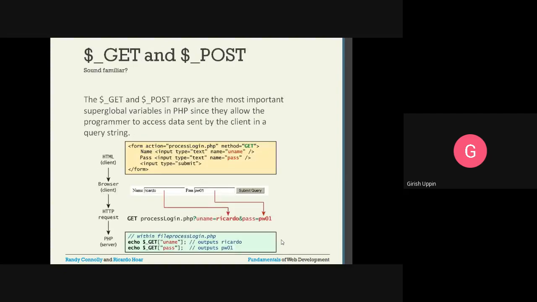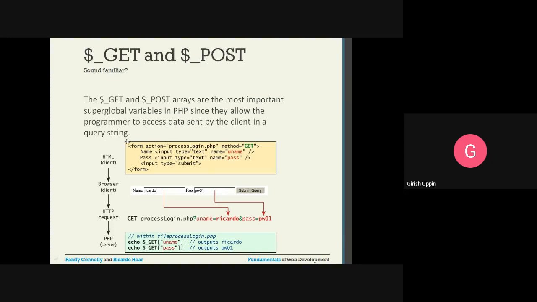They are called super global because they are always in scope and always defined. So they are available always, and you can access those values. First one is the $_GET and $_POST arrays, the most important super global variables in PHP, since they allow the programmer to access data sent by the client in a query string.